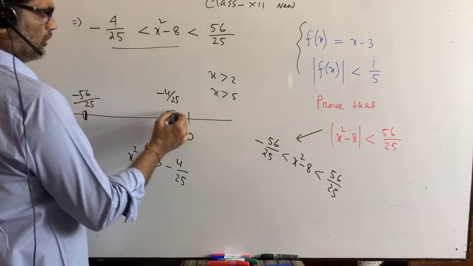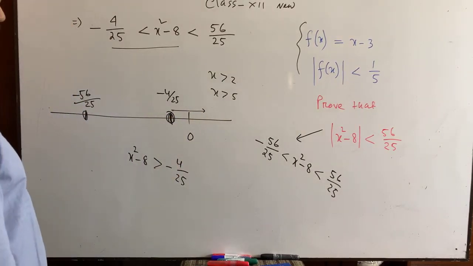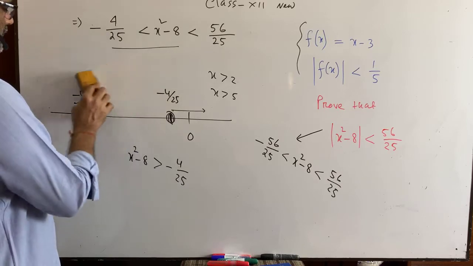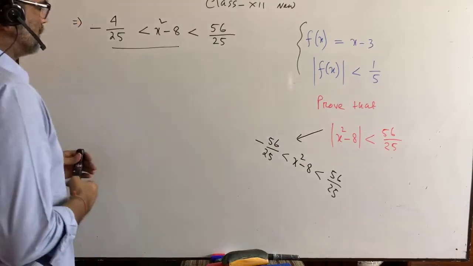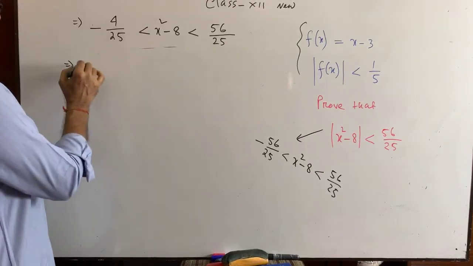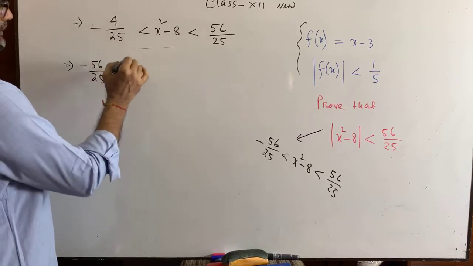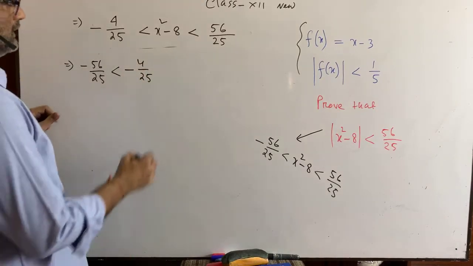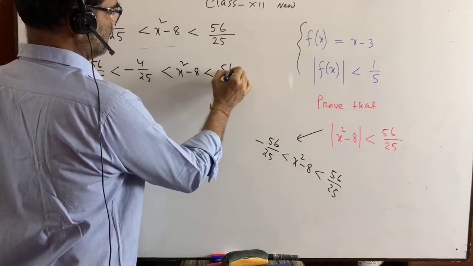So if x square minus 8 is greater than this part, that means it is greater than this, so we can tell that it is also greater than this part. So from here we can write down, implies that minus 56 by 25 less than minus 4 by 25 less than x square minus 8 less than 56 by 25.